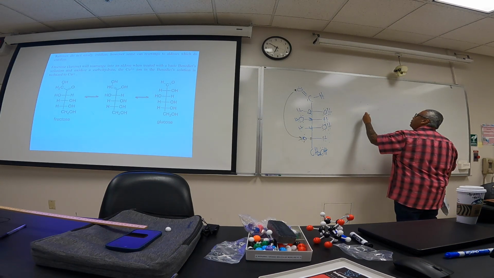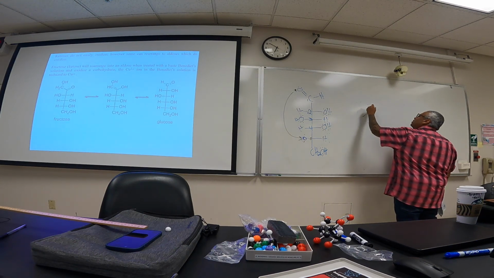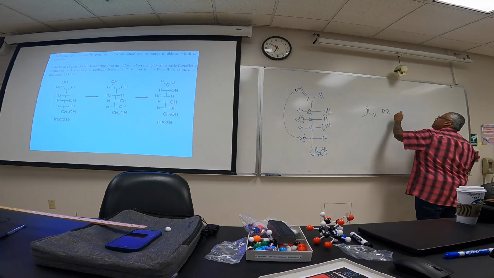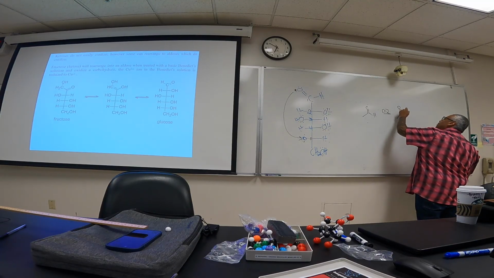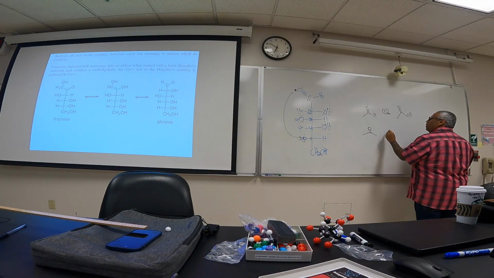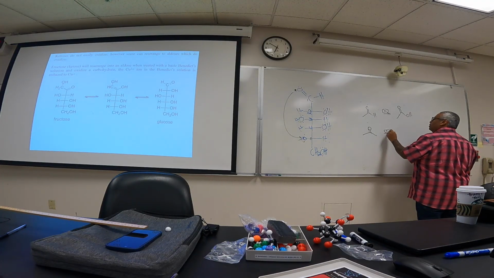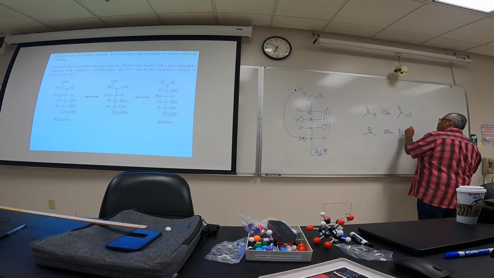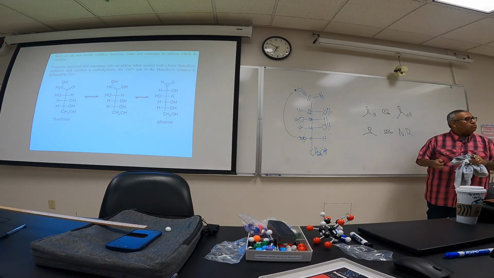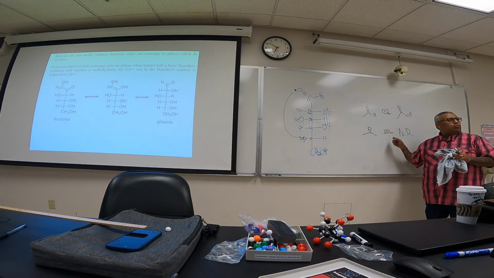So here's a simple aldehyde. And if we oxidize this aldehyde, we get a carboxylic acid. When we oxidize a ketone, we get no reaction because ketones don't oxidize.